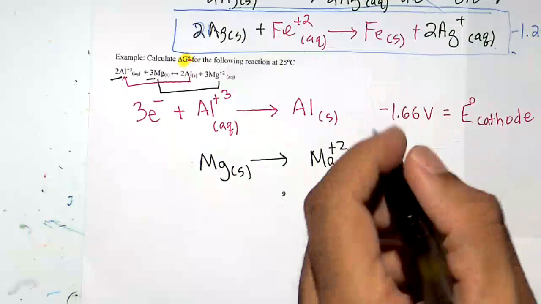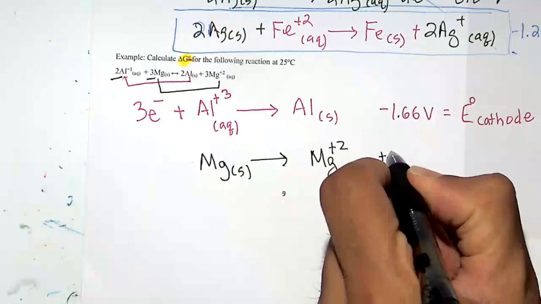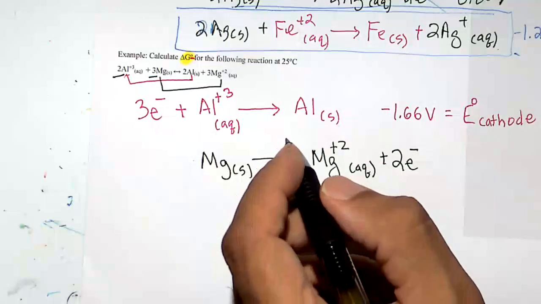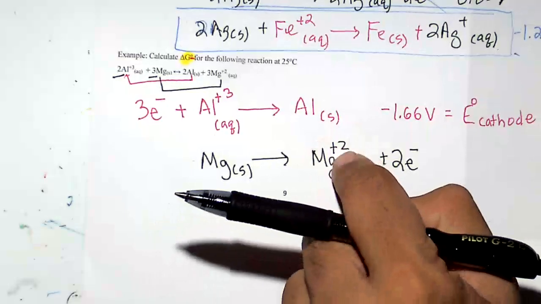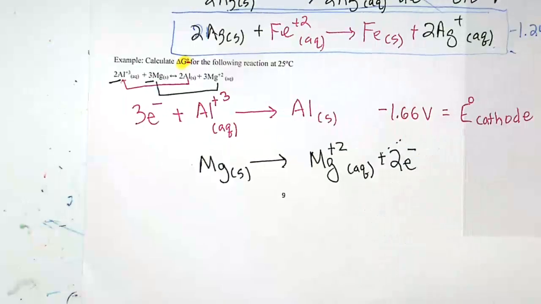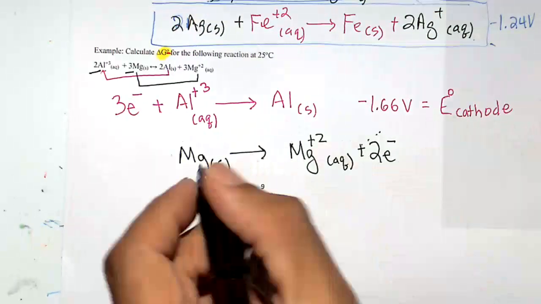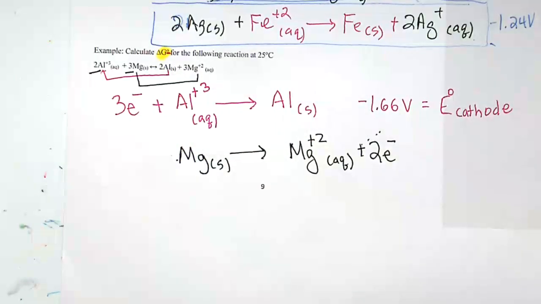Okay, how many electrons and where should we put it? Okay. Do you guys agree we should put 2 electrons on the product side? Okay, so we have 0 on the reactant side, plus 2 minus 2 is 0 on the product side, so 0 and 0. We have 1 Mg here, 1 Mg there.